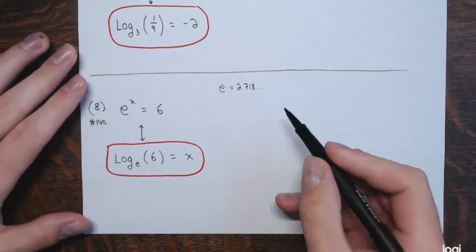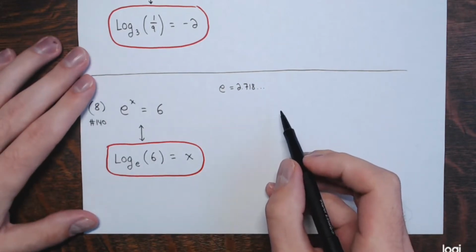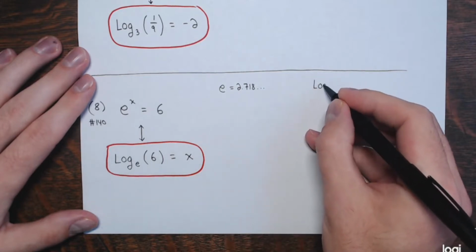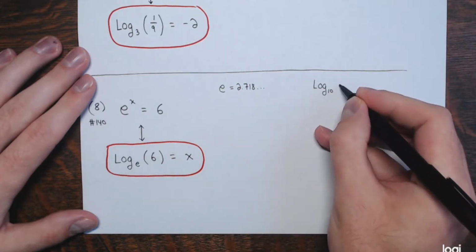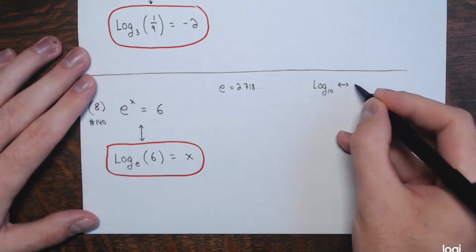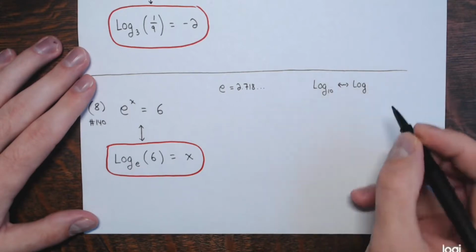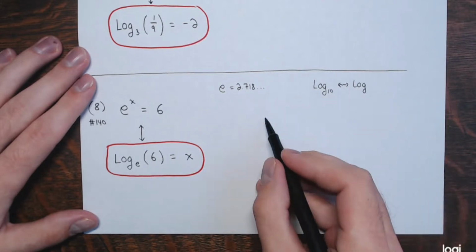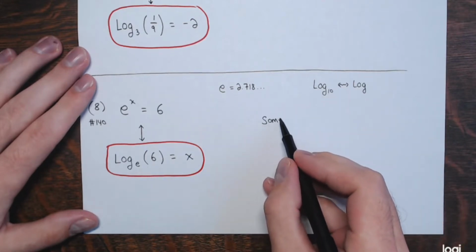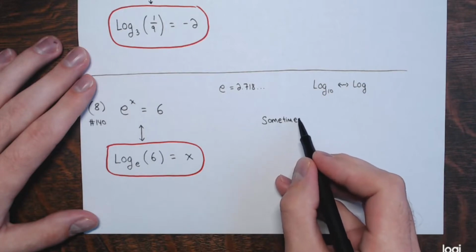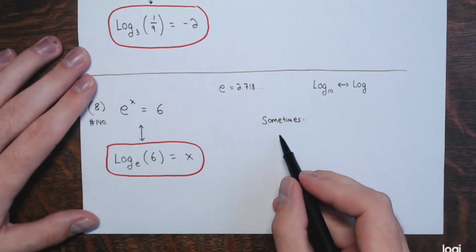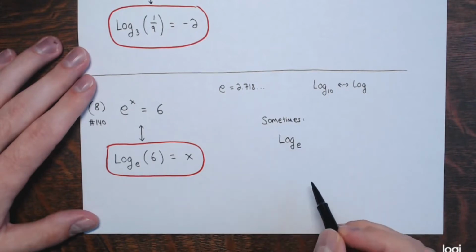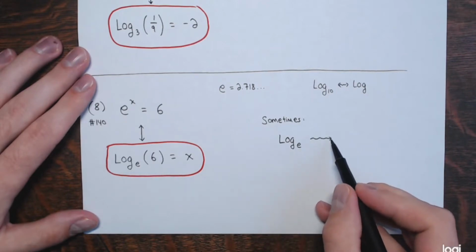But just like with the log base 10, remember how log base 10 is sometimes written as just log, right? I pointed that out, the common logarithm. Well, just like that, sometimes in some texts, when you see log base e, it's going to be written in a different way.